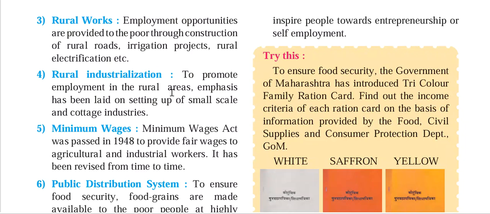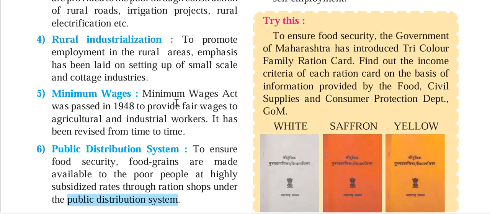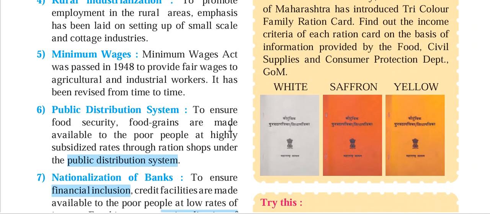To promote employment in the rural areas, emphasis has been laid on setting up small scale and cottage industries. Next, we have minimum wages. The Minimum Wages Act was introduced to ensure fair wages for workers. It was passed in 1948 to provide fair wages to agricultural and industrial workers. It has been revised from time to time.